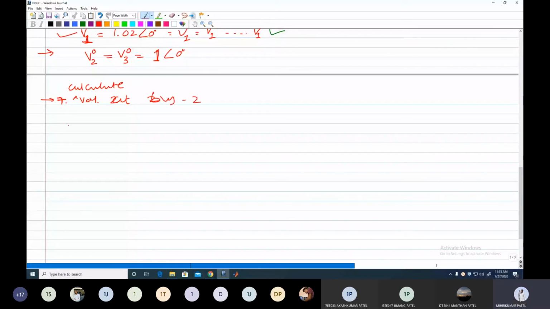So using the equation number 7, which we have derived in step 7, what is the equation?